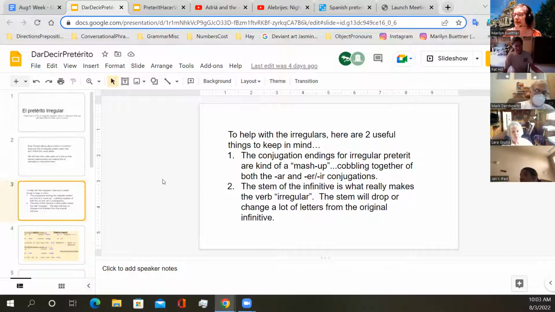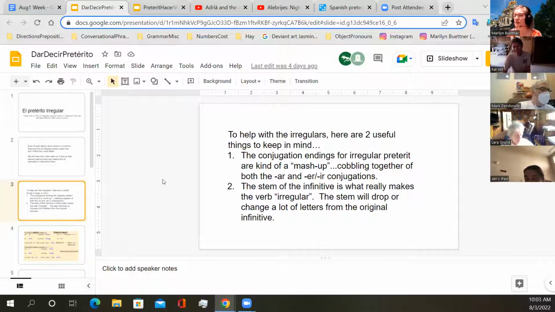The thing to keep in mind with irregular preterit, which is not even a speed bump in Spanish, it's like a whole bunch of speed bumps really close together, is that we use a particular type of conjugation endings with irregular preterit. They somewhat look like the regular preterit conjugations, but not always.